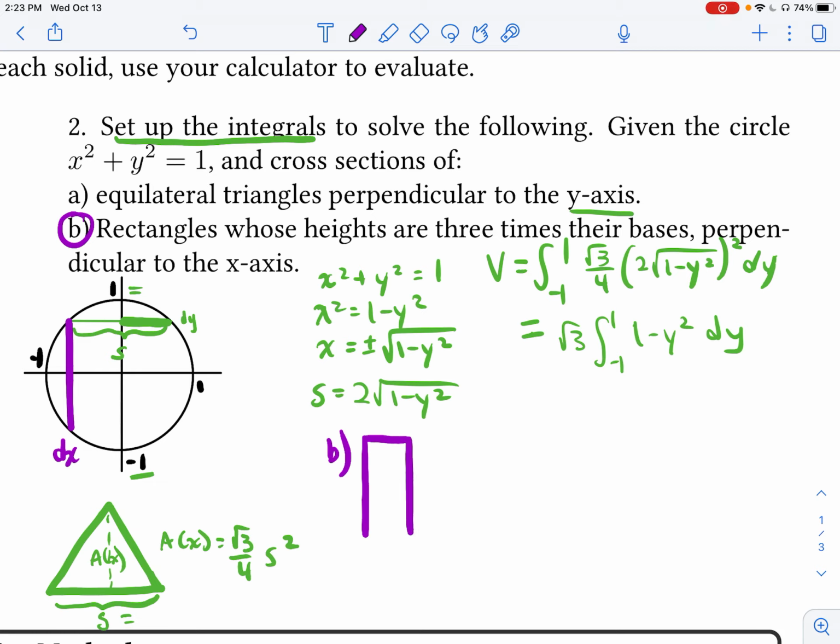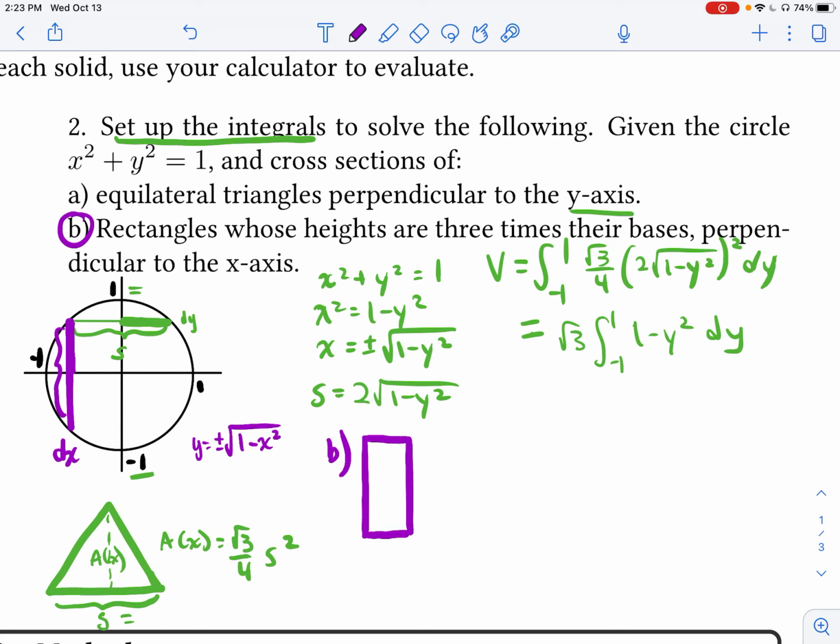we're told where this length here is going to be. This time, if we write y as a function of x, for the same reason that we showed over here, we should get √(1 minus x squared). And again, that only gives us half of this line segment, the base of this rectangle.